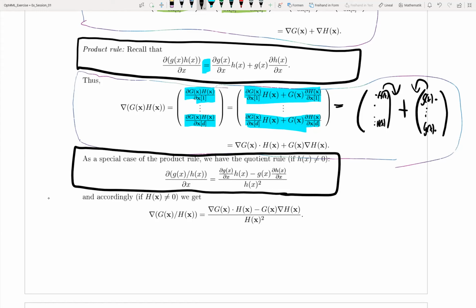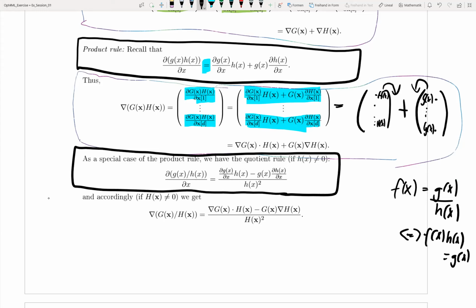But as I said, you can essentially derive it from the product rule, because you could simply define the function f of x as g of x times one over h of x, and then apply the product rule, do a bit of algebraic manipulation, and you end up with this quotient rule. All right.